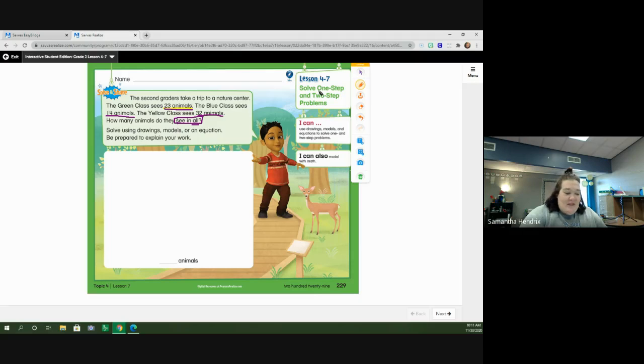So this lesson is solve one-step and two-step problems. So our problems are either going to have one step, hey, we add this to get this, or two steps. So we have 23, 32, and 14.